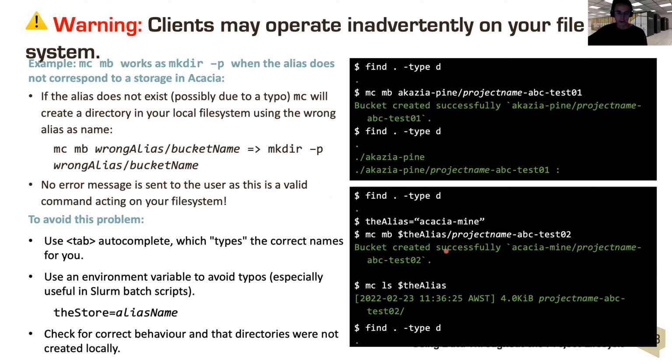Probably not on your personal computer, but it will give an error in Pawsey file systems. So this is a safe way of avoiding that kind of problem. And also, it is a very good idea to check that nothing is being created in your local file system. This is important to check.